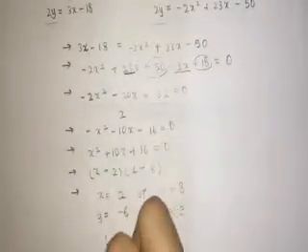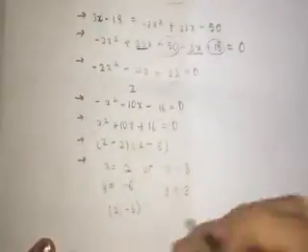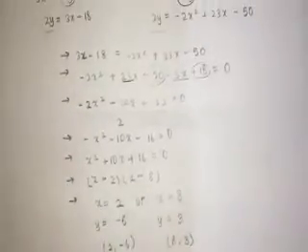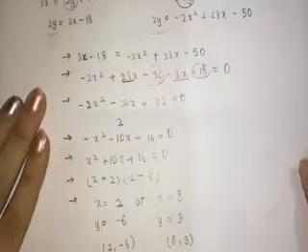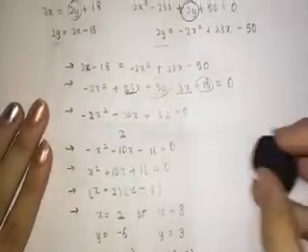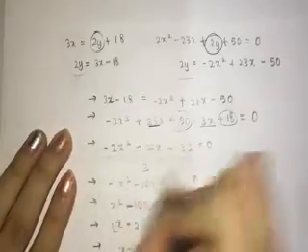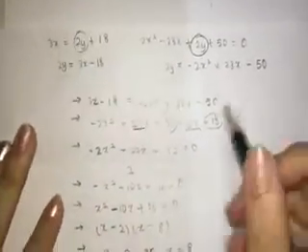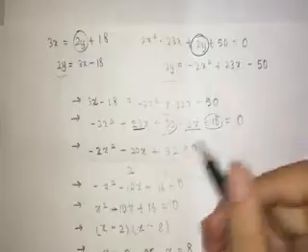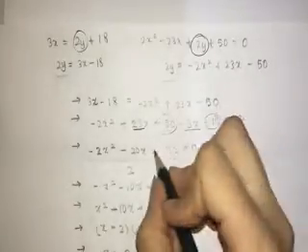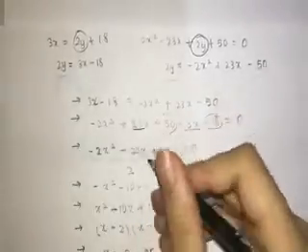So this one is (2, minus 6), this one is (8, 3). Oh, sorry, this one is supposed to be a minus.